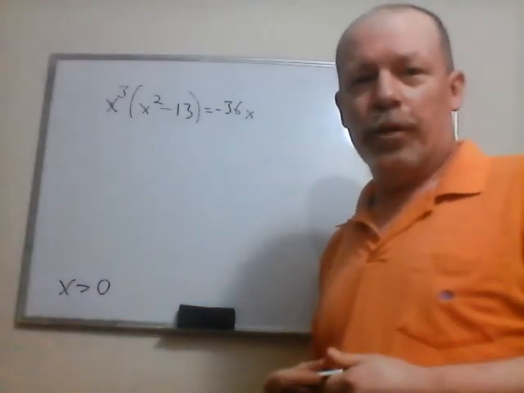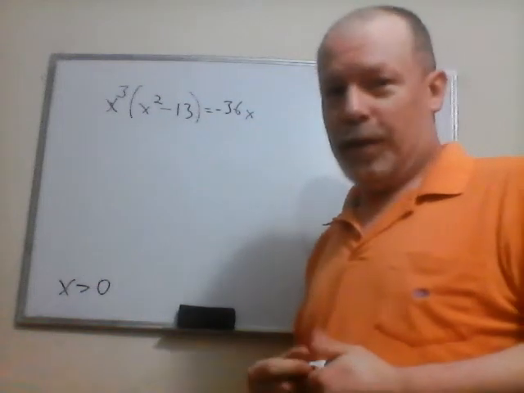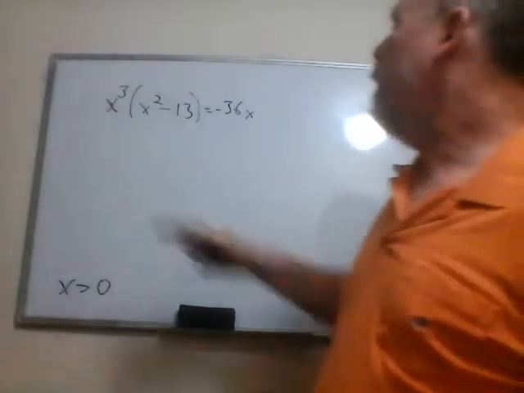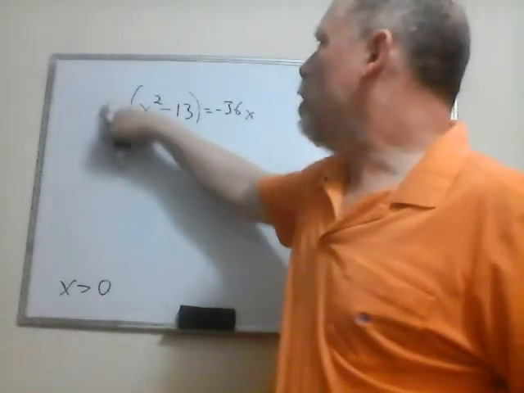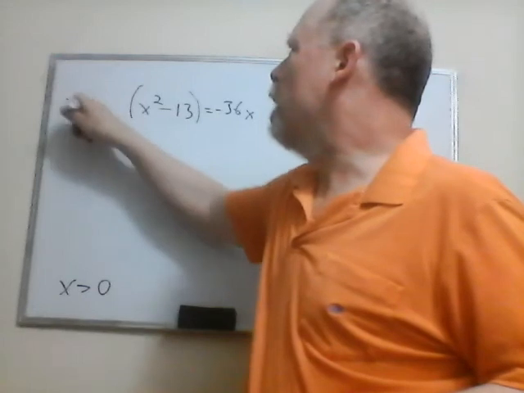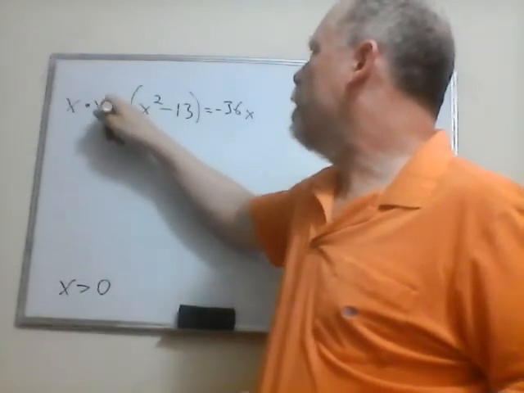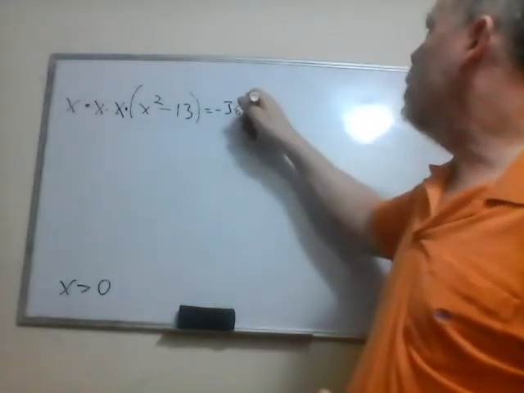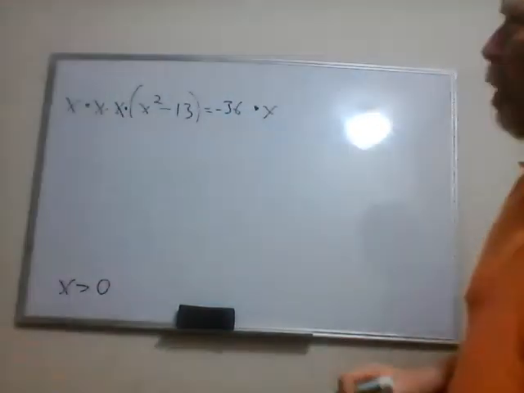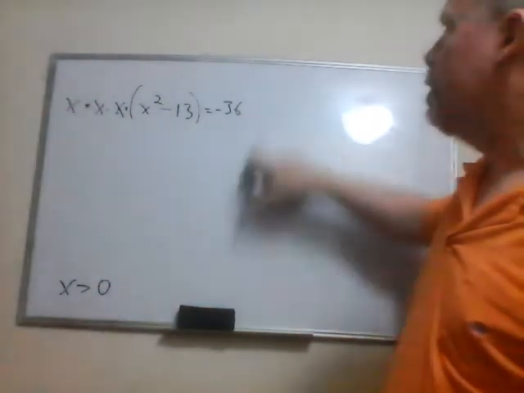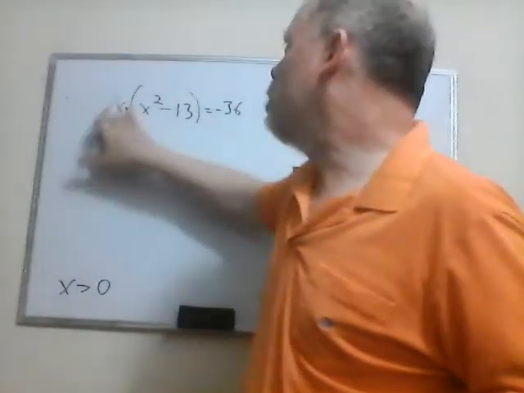This x to the third is three x's: x times x times x times that thing. And this is 36 times x. If I put it that way, hopefully it's clearer that you can get rid of this x and this x.